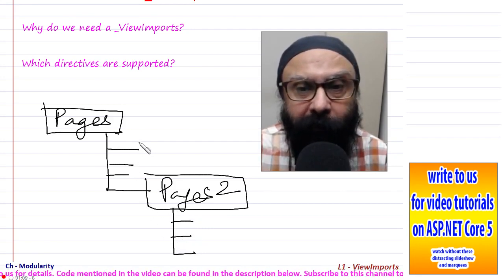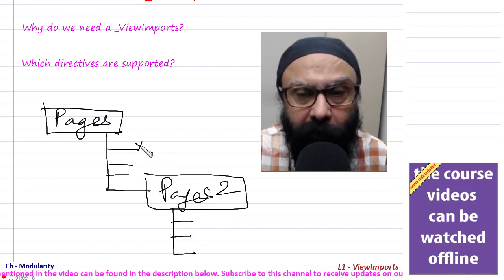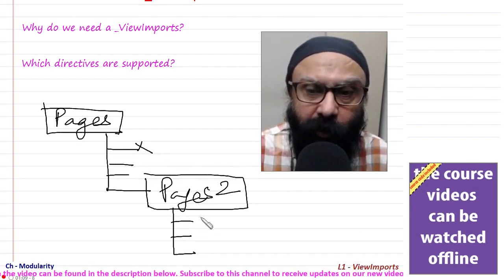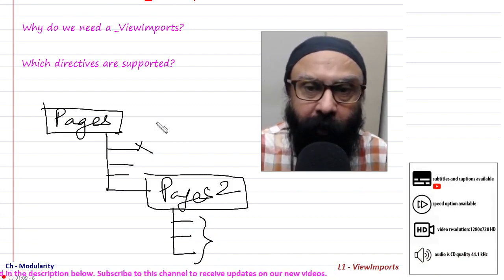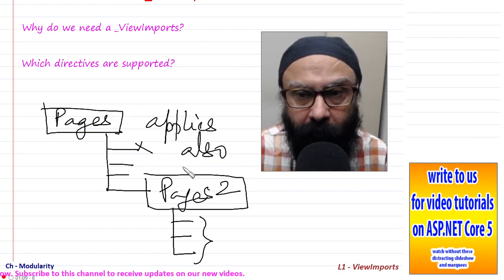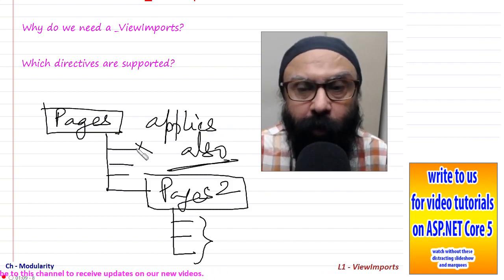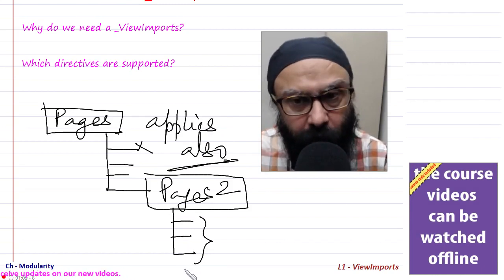So if you have a ViewImports placed here, then this ViewImports applies to the files contained in subfolders also. This ViewImports file will apply to the other 3 files also. This is one thing.